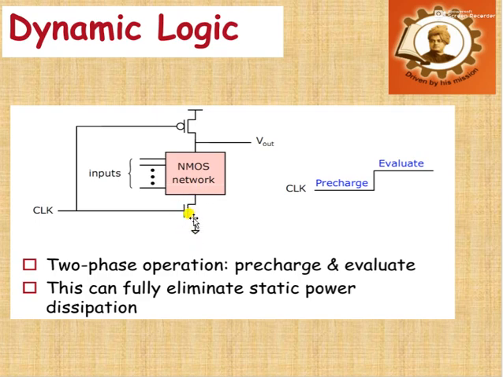When the clock is high, the precharge MOS will be off and the evolution MOS will be on. The output node voltage may now retain the stored charge, logic 1, or discharge through the pull down network depending upon the input combination. So the output will be VDD or equal to 0.